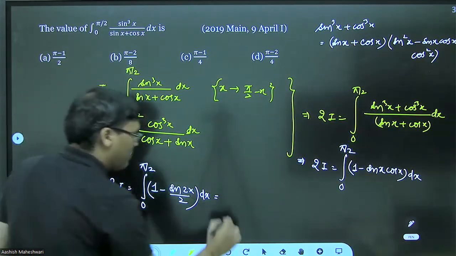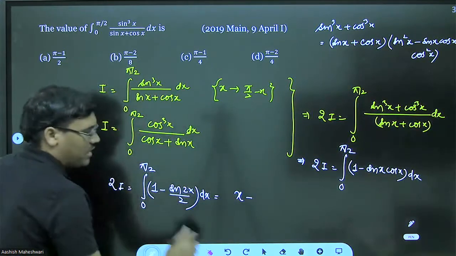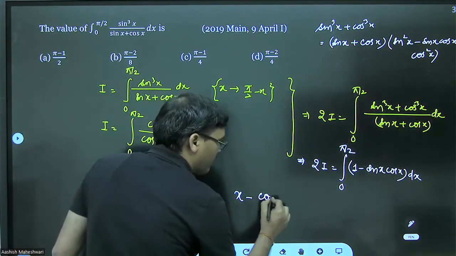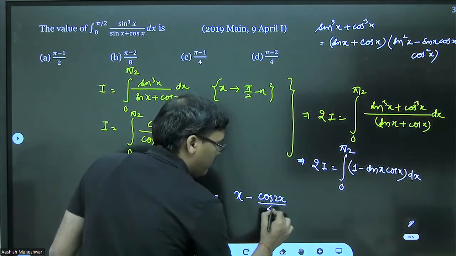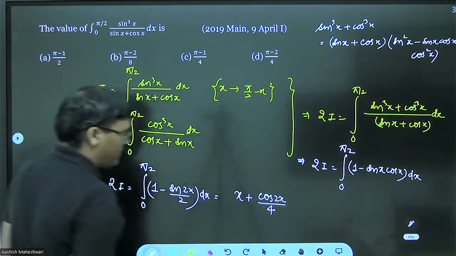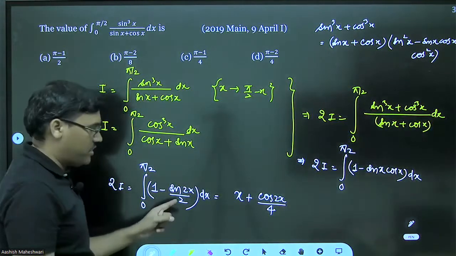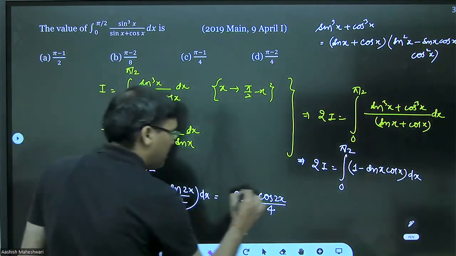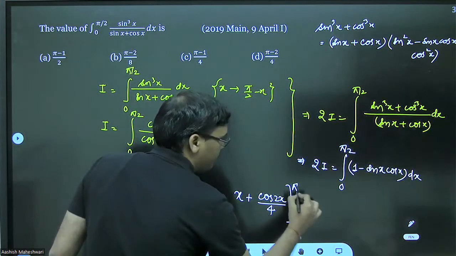What is the integration of 1? This is x. What is the integration of sin 2x? This is minus cos 2x by 2. So this will become plus cos 2x divided by 4, and the limits are 0 and pi by 2.